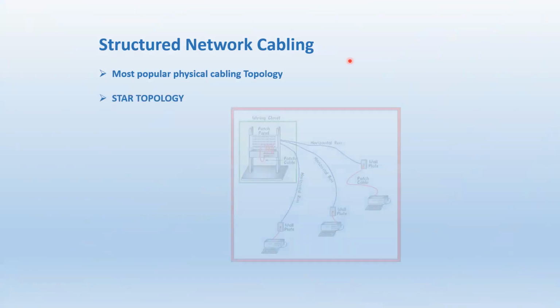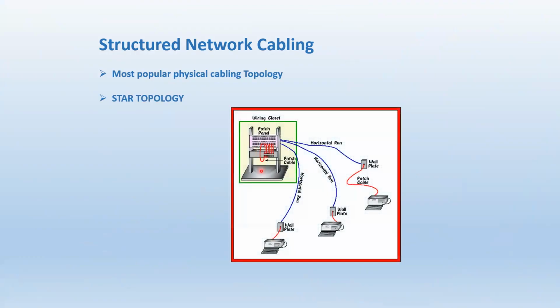Structured network cabling. Let's go. All right. The most popular physical cabling topology is the star topology, as we said. And here's another visual on how things are wired. Here's a wall plate or destination termination, and there's a home run connection that goes to the patch panel, each on an individual basis.